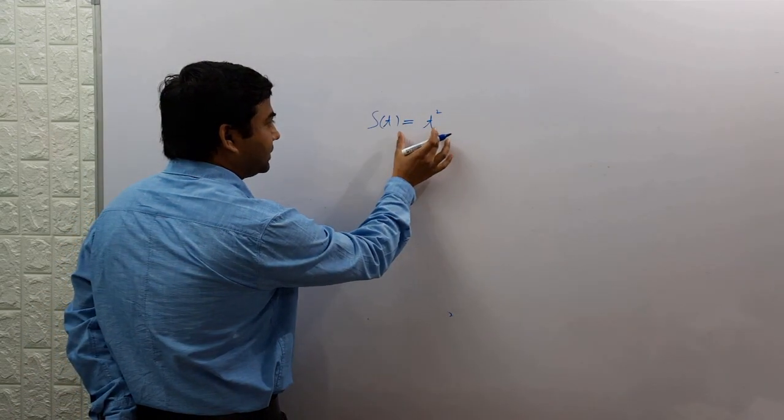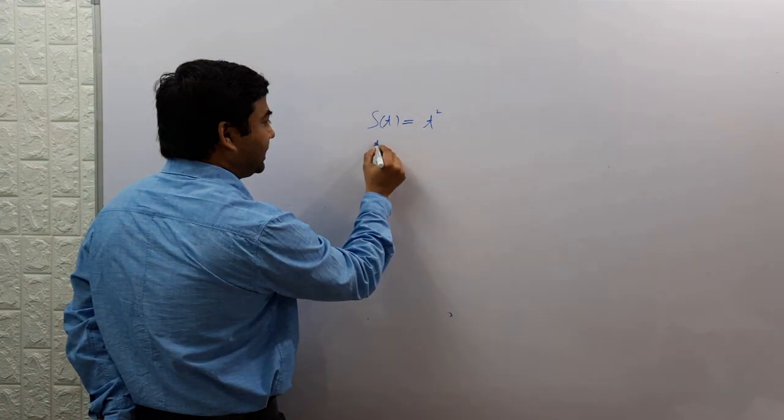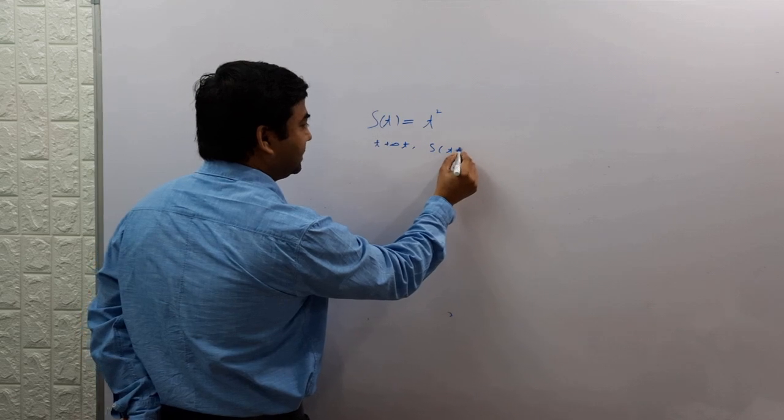Let there be a particular time t. For time t plus delta t, displacement will be s(t + delta t).